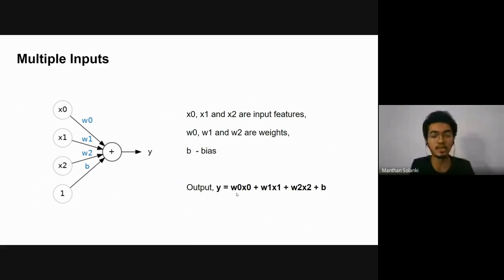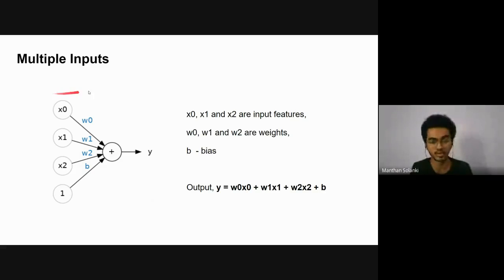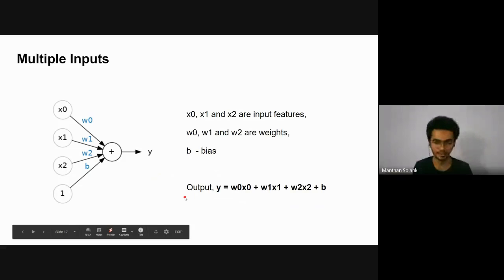This way we calculate the linear unit, right? Let me give you an example. If I want to calculate calories based on sugar, carbohydrate, etc., sugar will be multiplied with its own weight, carbohydrate with its own weight, and I will add another factor. This way I will calculate the linear unit, right?